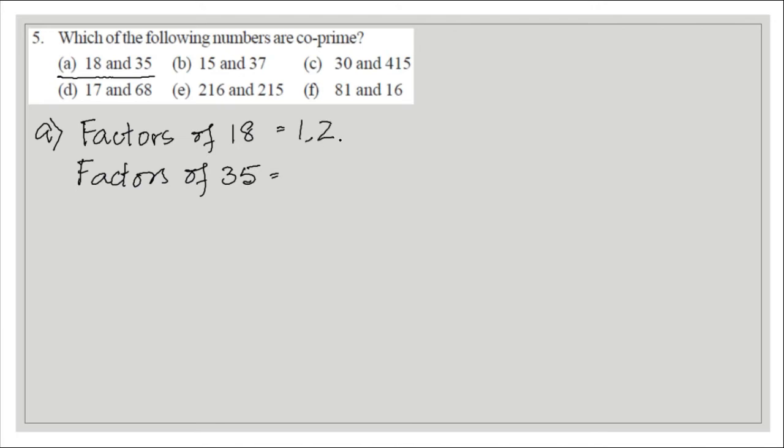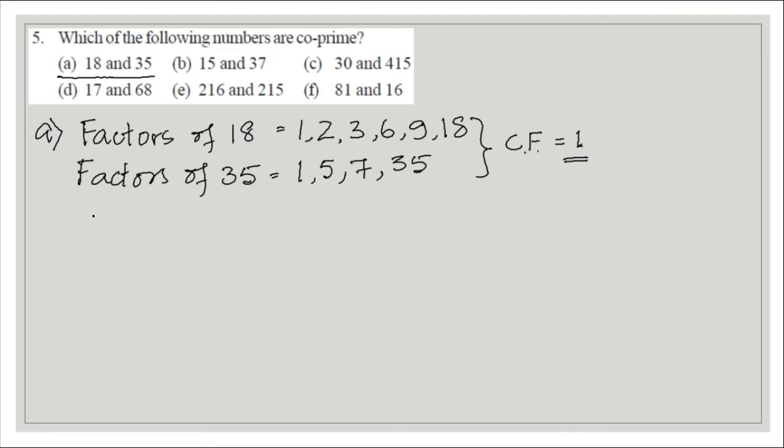It is divisible by 1, 2, 3, 6, 9 and 18. The factors of 35 are 1, 5, 7 and 35. Look at these two lists. Identify the common factors. I'll write in short, CF refers to common factor. Here the common factor is only 1. Since it has only 1 as a common factor, we say that the given numbers are coprime.